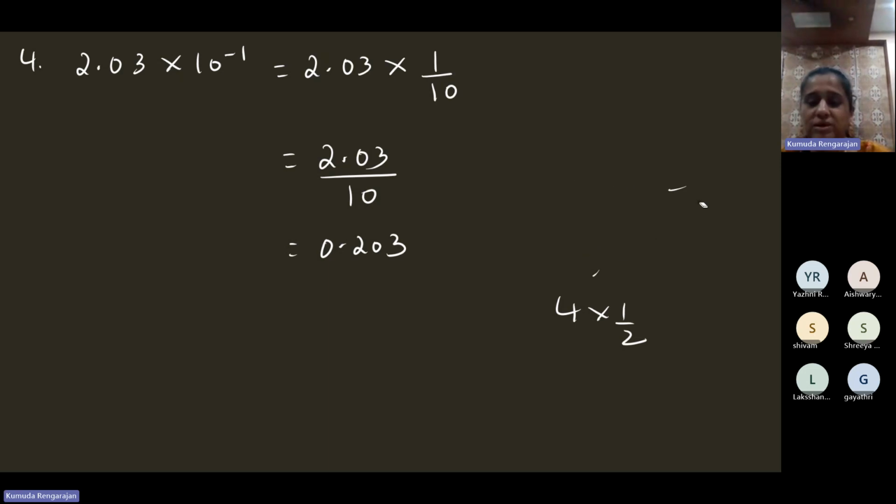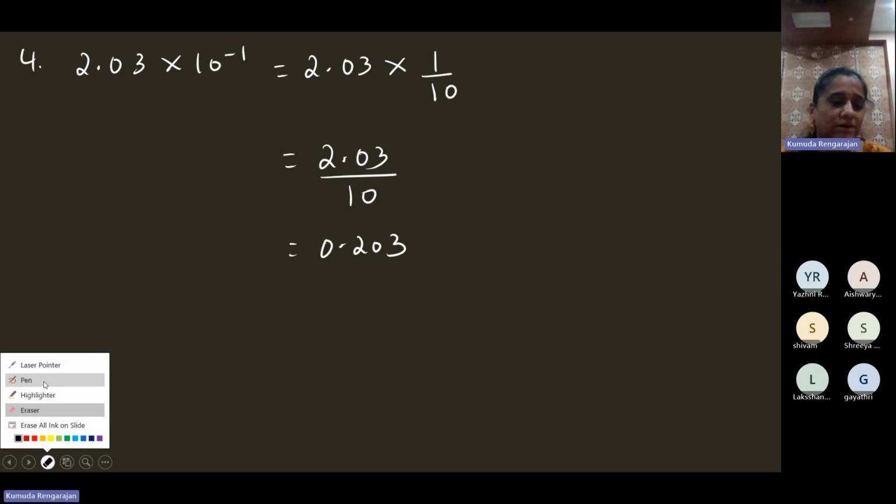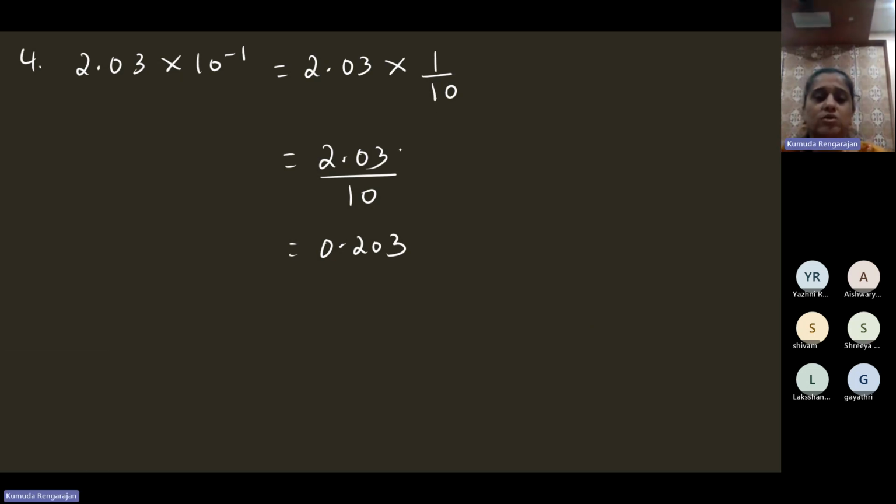That's why I've shown a few steps here. So 10 to the power minus 1 is nothing but 1 by 10. So this is nothing but 2.03 divided by 10. You're dividing the numerator by 10, so it will reduce in value. And 10 has 1 zero in it.